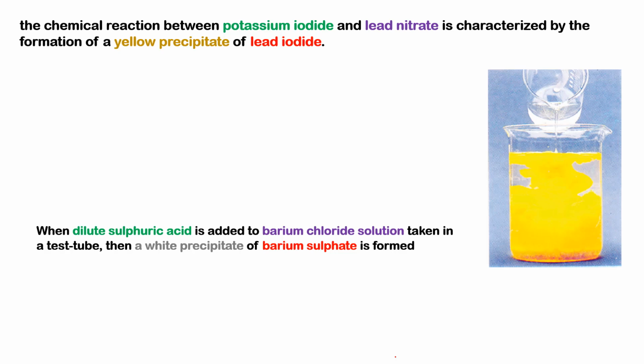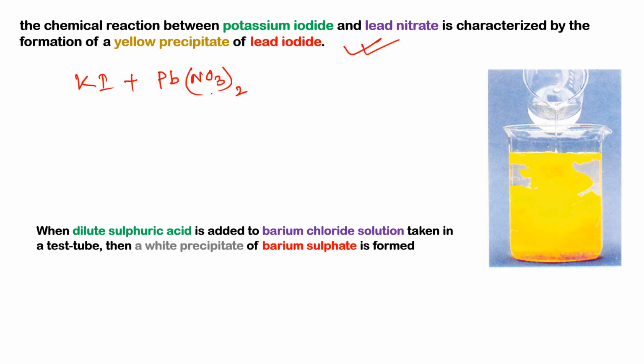Now we have to write down the reactions for these two conditions as well. This chemical reaction is very important, everyone. Potassium iodide, that is KI, reacts with lead nitrate, Pb(NO3)2. Pb is the lead, NO3 is the nitrate.